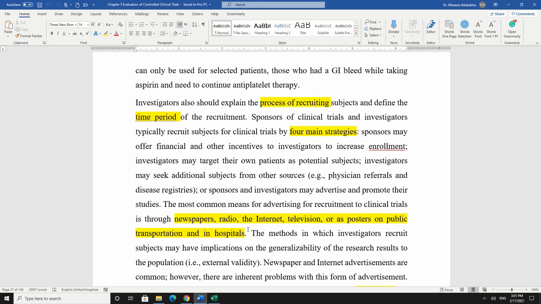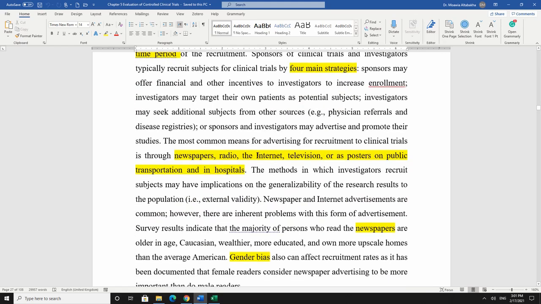But you have to be careful regarding recruitment using some of these media, okay? For example, if you advertise on the internet, you don't expect someone who's 80 years of age to go to the internet and search for such a clinical trial, okay?